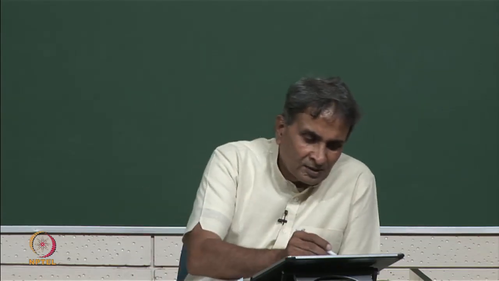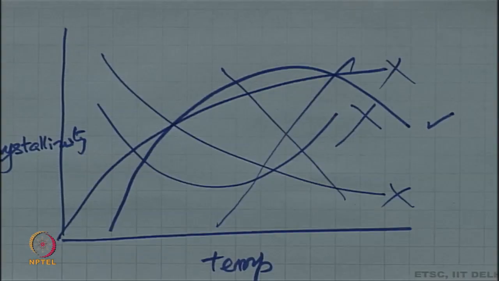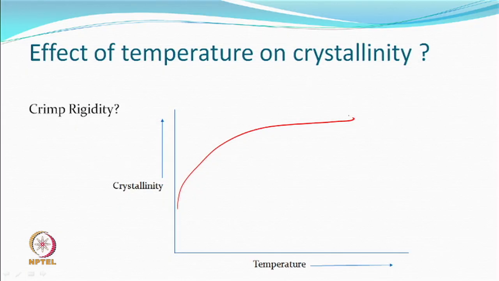So, what do you expect then? The expectation will be that it will take up a curve, and the rate of rise in crystallinity will keep coming down as the temperature is moving, because they are getting the highest values. After that the molecules get jammed, and getting more freedom from some other part of the molecule to come back and again crystallize will keep on reducing.